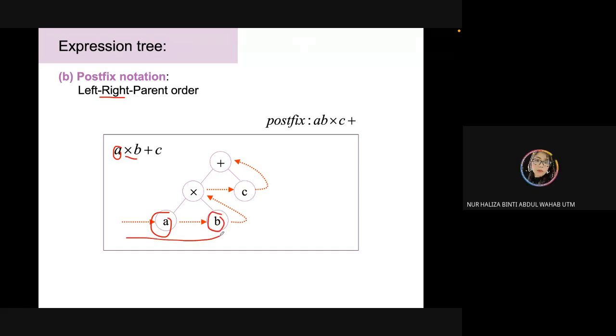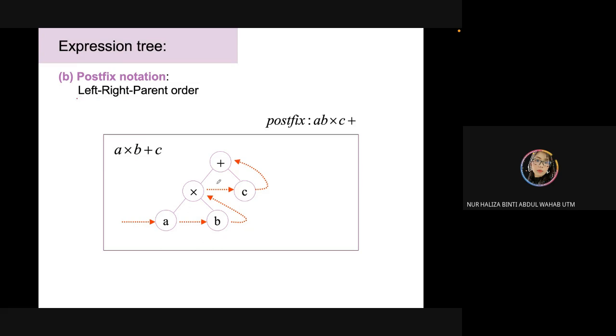A, right. After that, we will have parents. A, right, and then parent. That's why you have A as a left, B as your right, and then multiply will be your parents. Okay, that is one. After that, you repeat again.